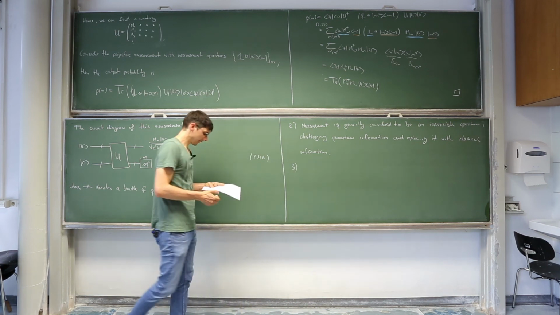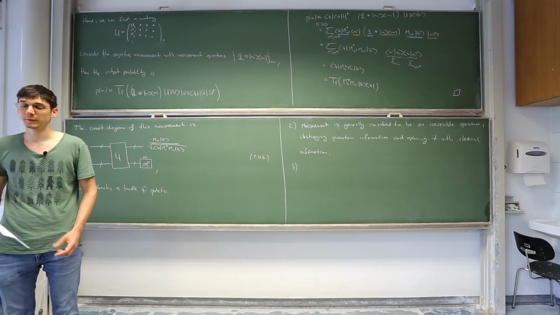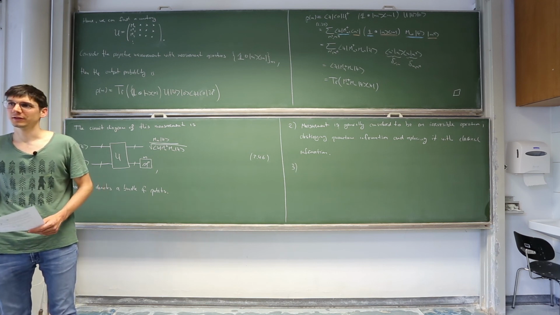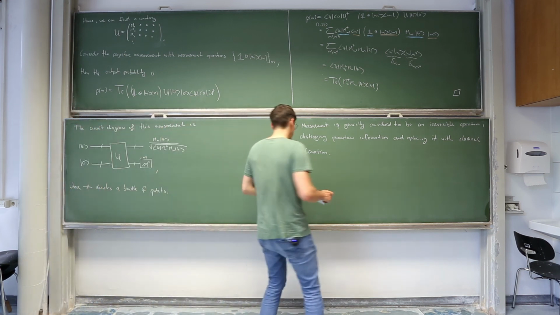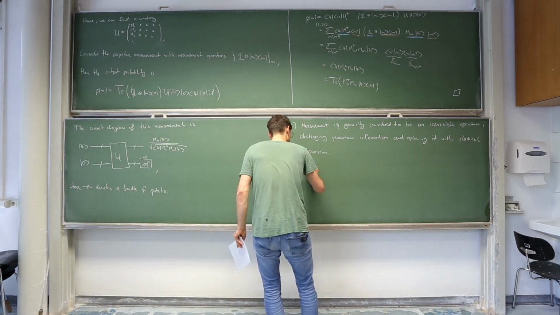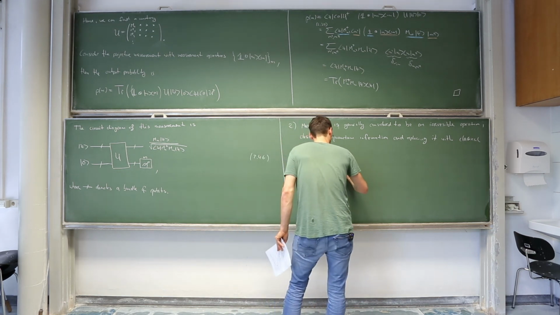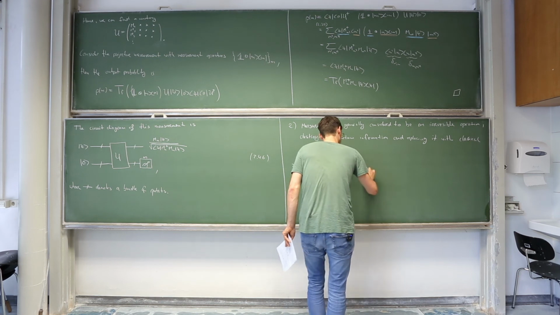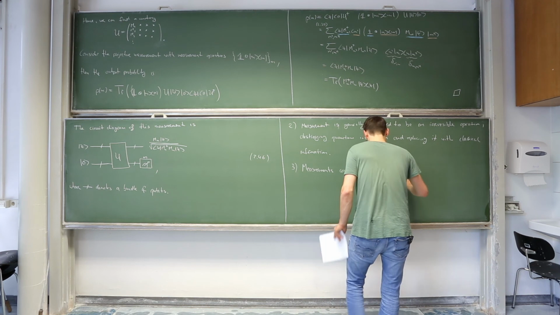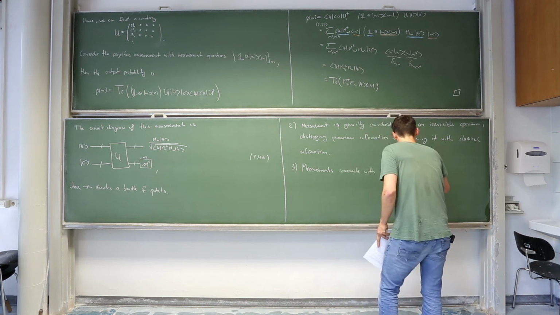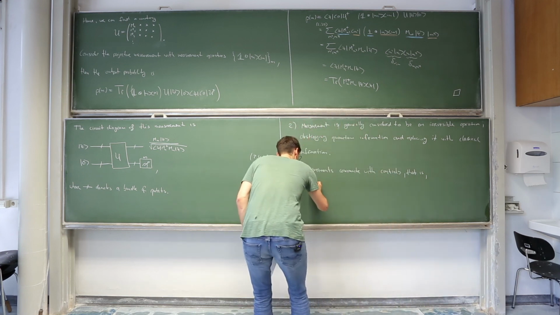And then the next thing is that measurements commute with controls. And this you're gonna prove in an exercise. So measurements commute with controls. This means the following.